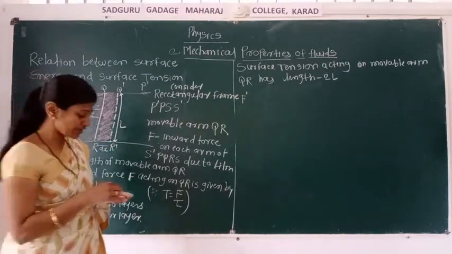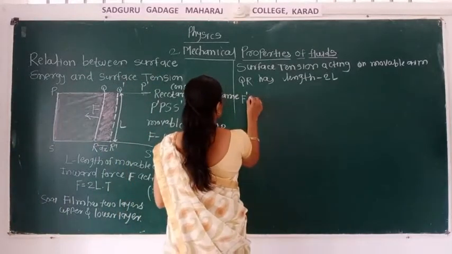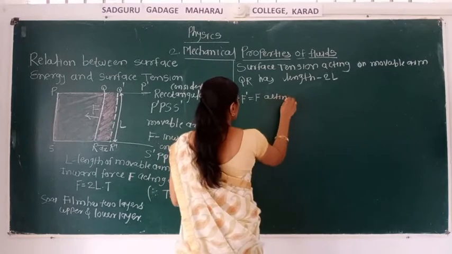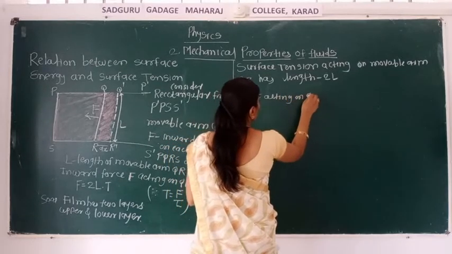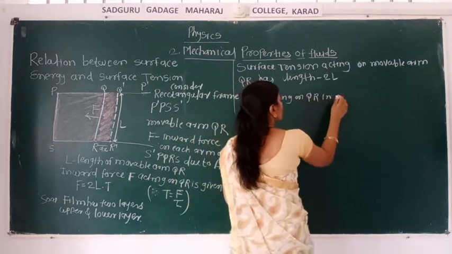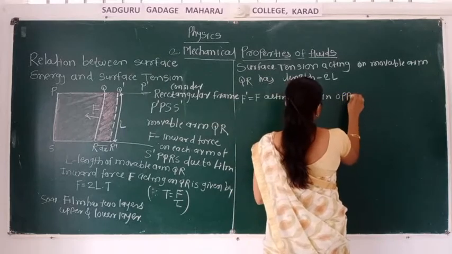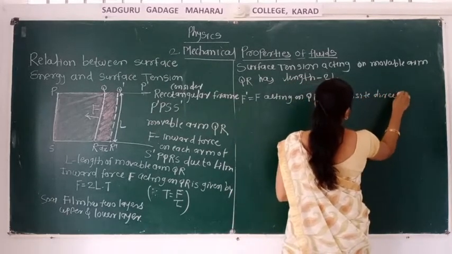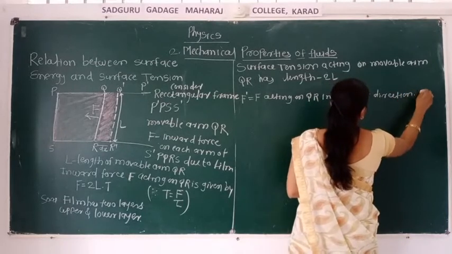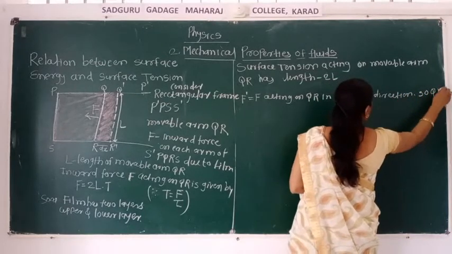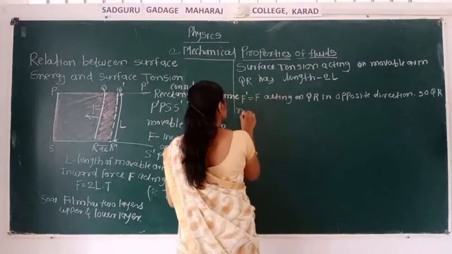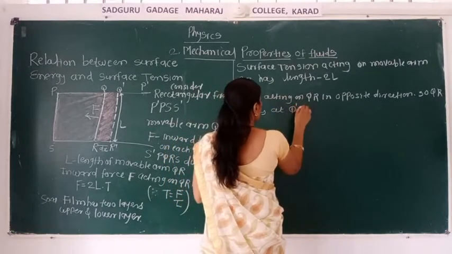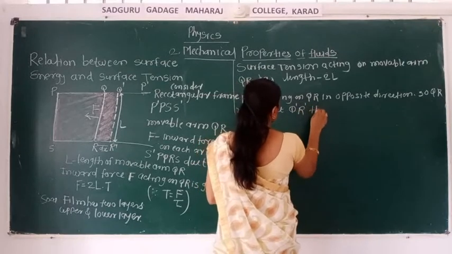Here we can say F dash is equal to F acting on QR in the opposite direction, so QR moves to Q dash R dash through the distance.